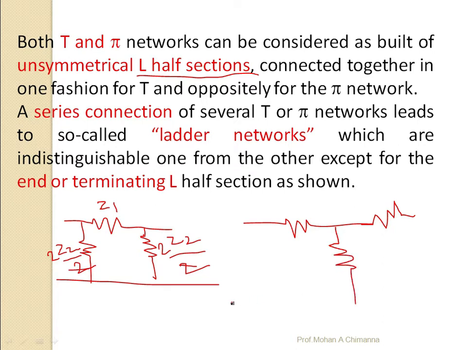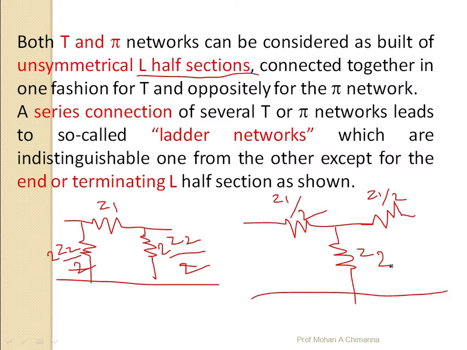In this way, this is the T network, so here is Z1 by 2, here is Z1 by 2, and here is the shunt arm Z2.